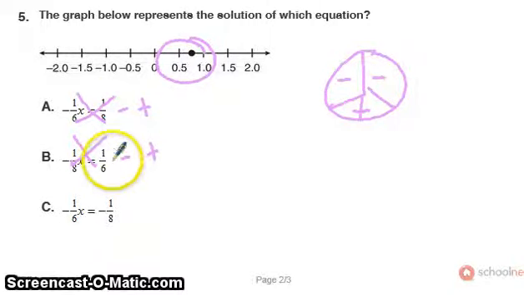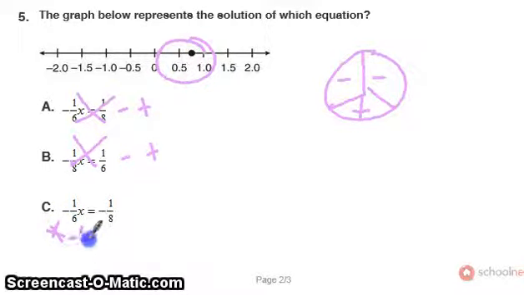And this one only had 1. This one only had 1. So there's not enough negatives in here to get me back to a positive. Alright, so I'm going to look at this one. Negative 1/6 times x is equal to negative 1/8. Now, to solve this, you can actually use the multiplicative inverse.